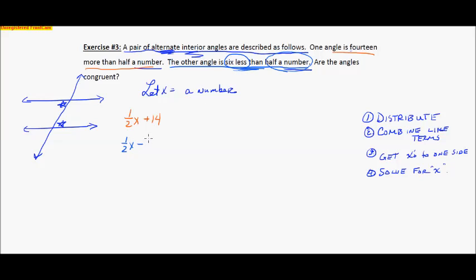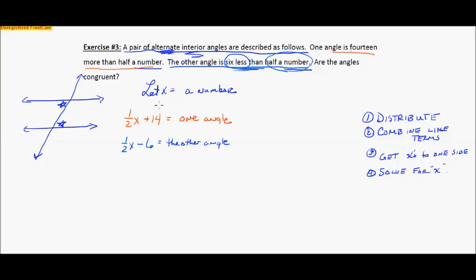So I take away 6. I'm still defining my variables here. This is one angle, and this one is the other angle. I got that from the sentences up here.